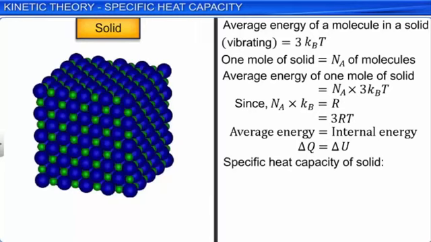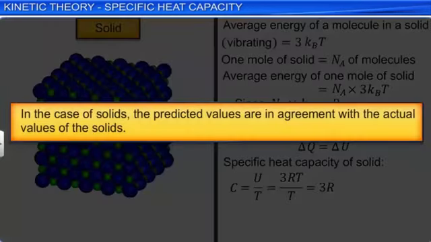C is equal to U by T, equal to 3RT by T. Thus, we get the specific heat capacity of the solid as 3R. In the case of solids, the predicted values are in agreement with the actual values of the solids.